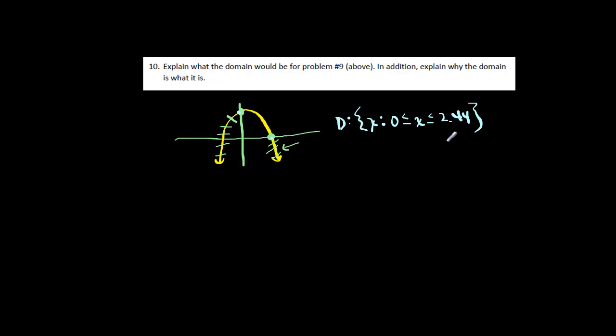And why is it that way? It has to be greater than or equal to 0 because you can't have a negative distance, and it has to be less than or equal to 2.44 because that's where the shoe lands, and you can't have a negative height, and that's the reason.